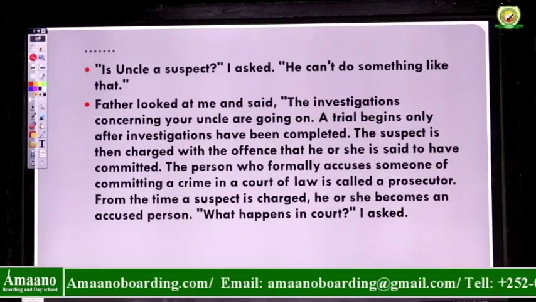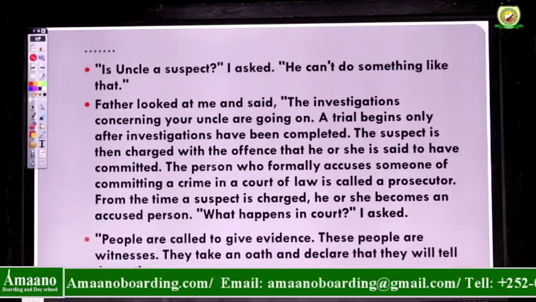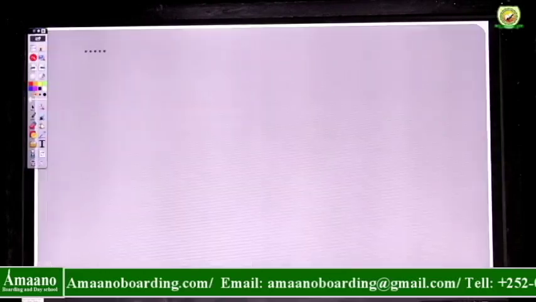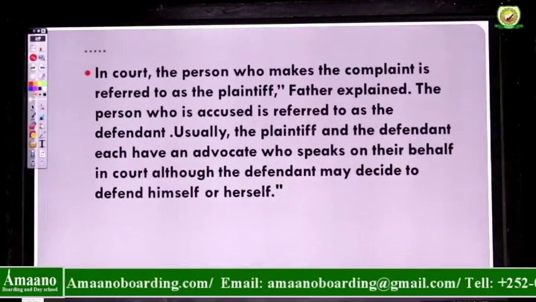What happens in court? I asked. People are called to give evidence. These people are witnesses. They take an oath and declare that they will tell the truth. In court, the person who makes the complaint is referred to as the plaintiff, Father explained.